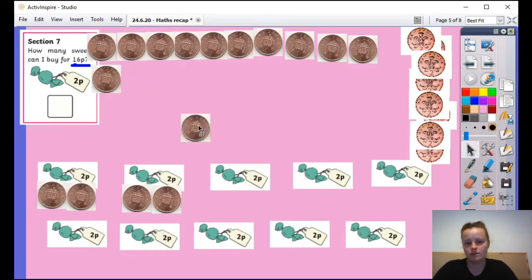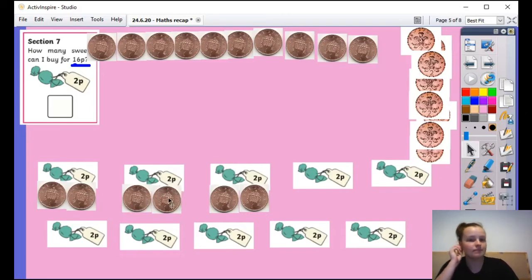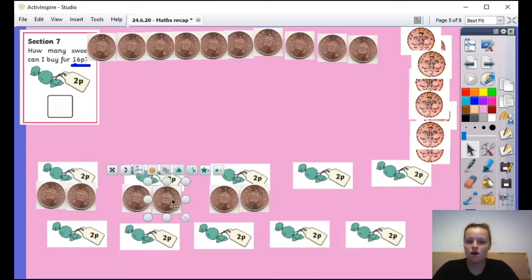Let's carry on going. So I can buy 1. Okay, so I bought that sweet, because remember 2p is the same as 2 pennies. So I've bought 3 sweets so far, and that has cost me 1, 2, 3, 4, 5, 6p. So 3 sweets has cost me 6p, but I've still got lots of coins here, so I can still buy more.